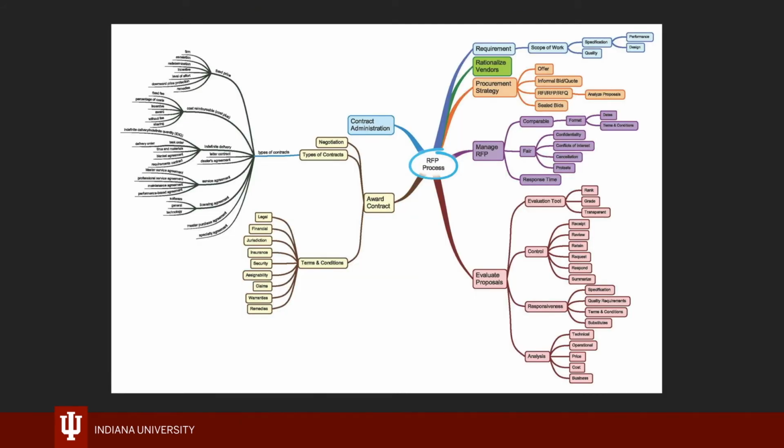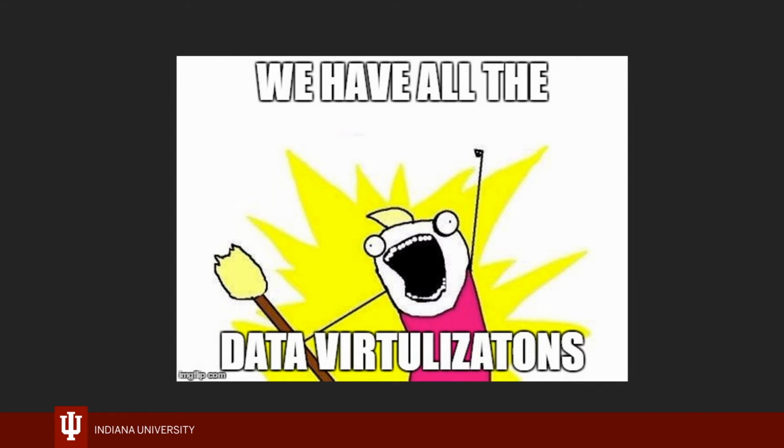This is not our real procurement flow chart, by the way, but you do an RFP and you do the analysis, and at the end, we actually did award the contract. And as you can imagine, and why they're here, we selected Denodo as our virtualization vendor. So woohoo, step one, we've got this solution called data virtualization, and we're really happy with that.